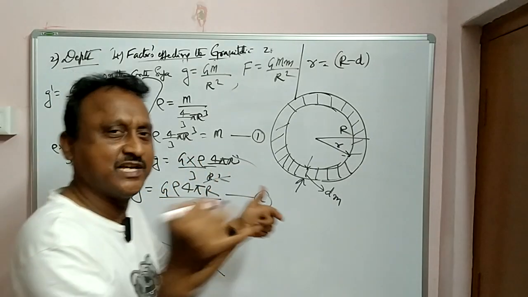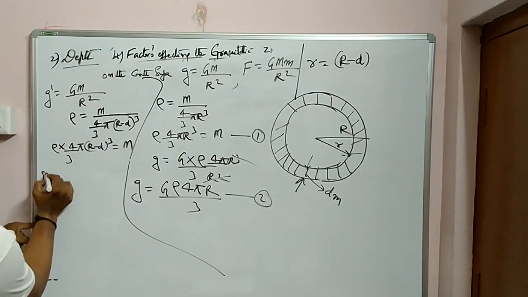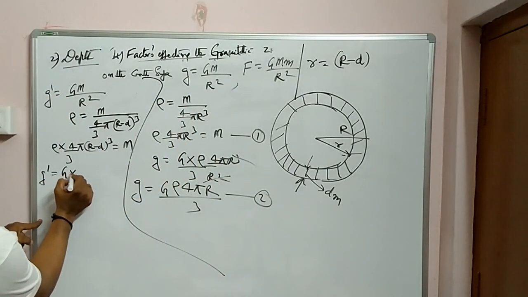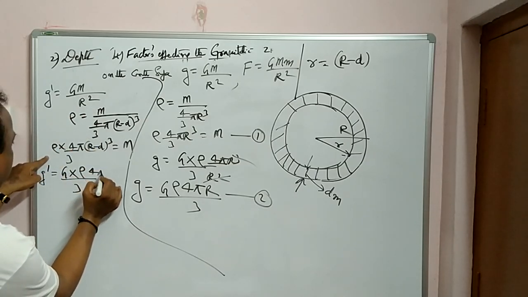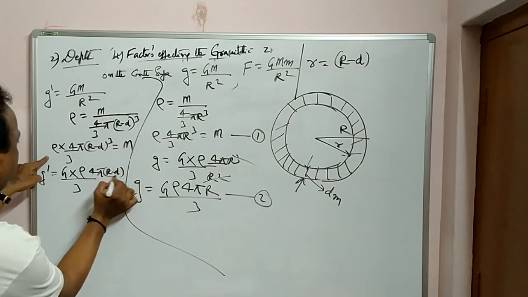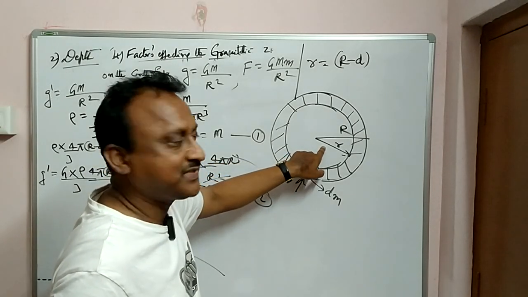Because you are going into the earth cutting d meters. Now put it here. g dash is equal to G into M. What is the value of new M? Rho 4/3 pi (R minus d) whole cube by r square. What does the new radius become? R minus d.